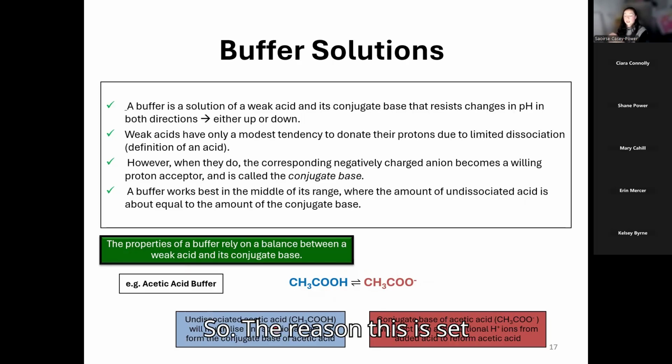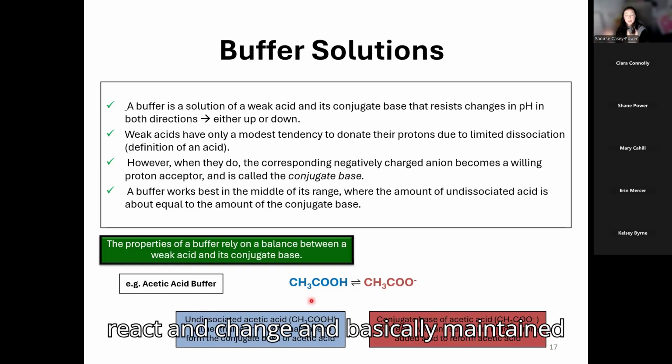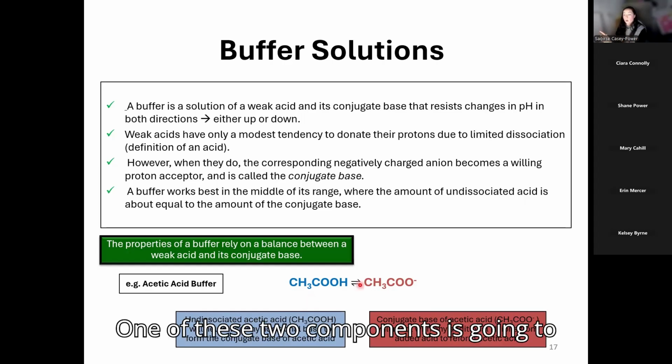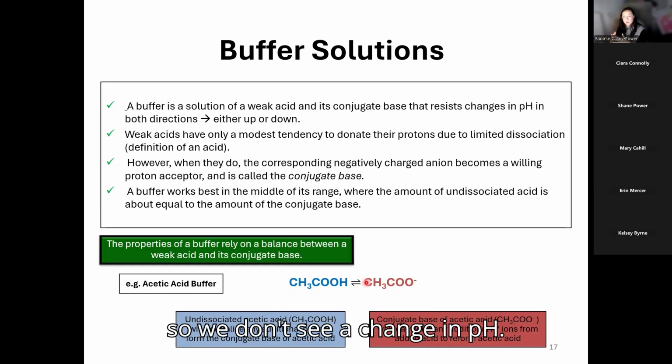The reason this is set up as a buffer is that if I were to add anything to that solution, the two components will be able to react and change and basically maintain the pH at a certain value. If I add anything additional in, one of these two components is going to react in order to maintain that balance, so we don't see a change in pH.